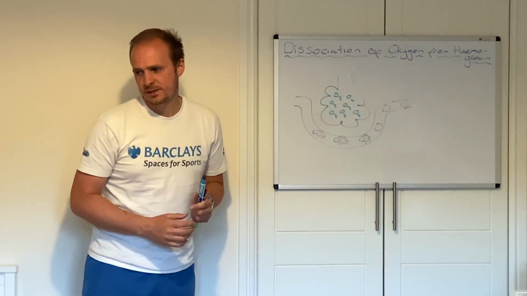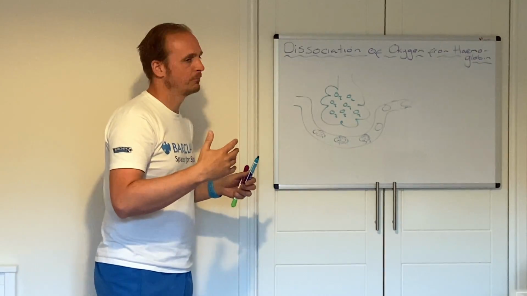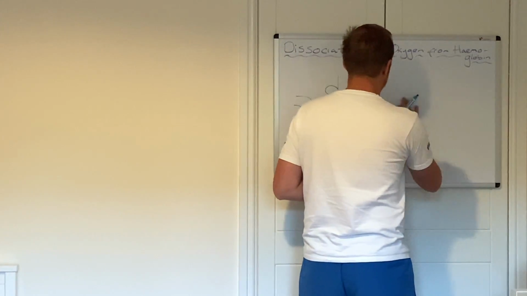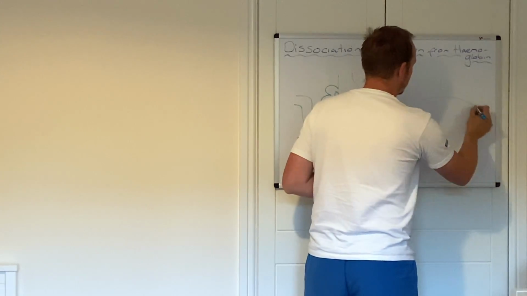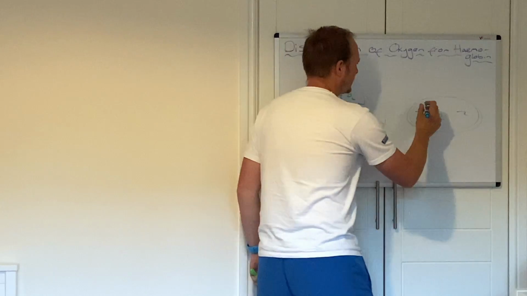If we then look at something slightly different, so if we look at what's happening within the tissues, so within the muscle tissues, and we'll draw a dodgy muscle like we did last time. So there's my muscle.